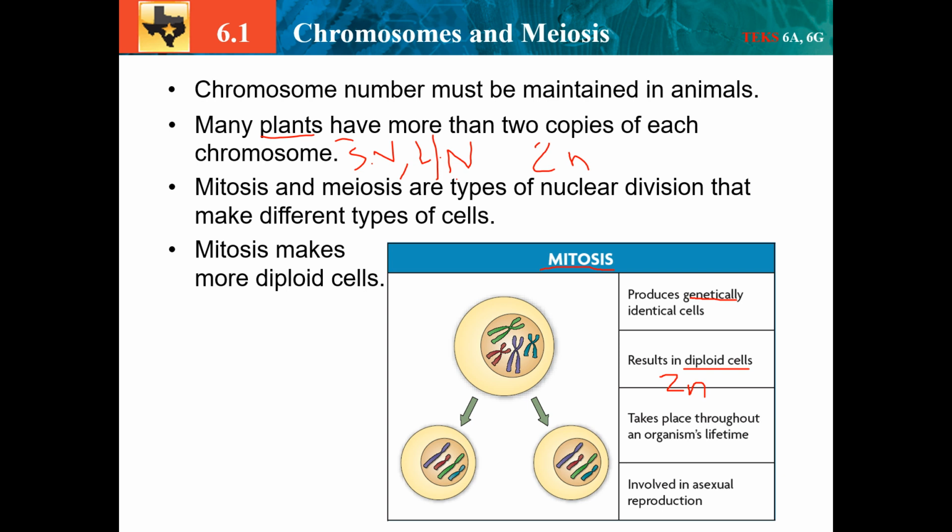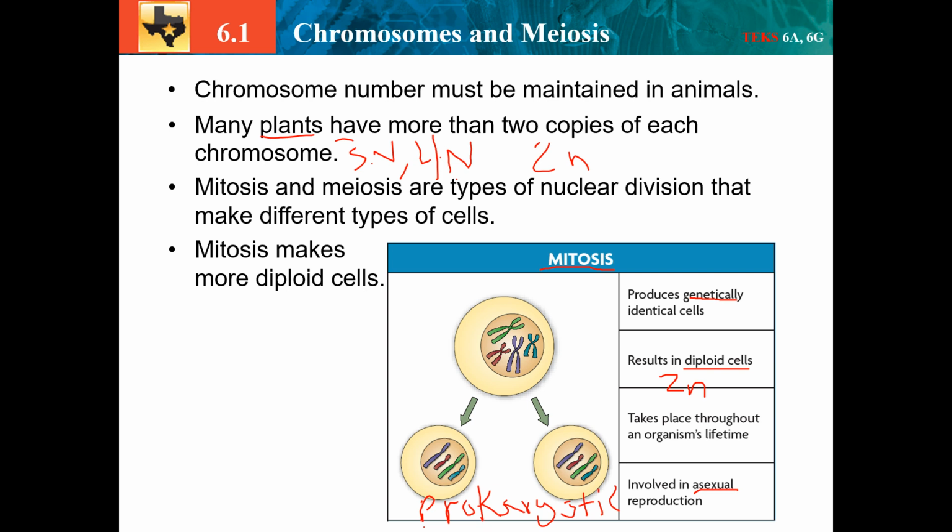Mitosis also happens in asexual reproduction. Asexual reproduction refers to things like bacterial cells or your prokaryotic cells, where bacteria don't have sex. They're asexual, and they do mitosis.